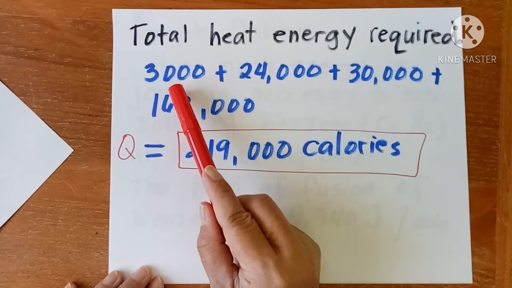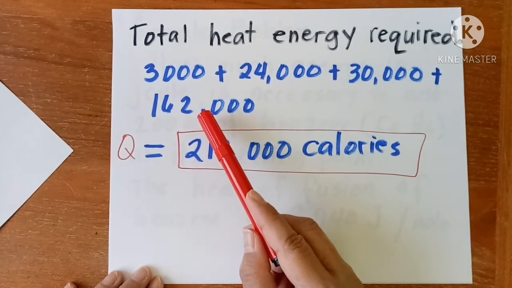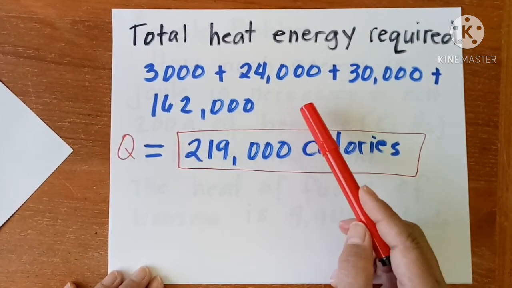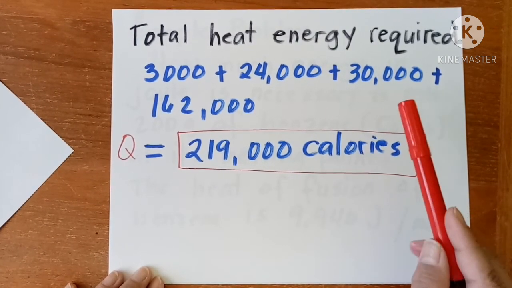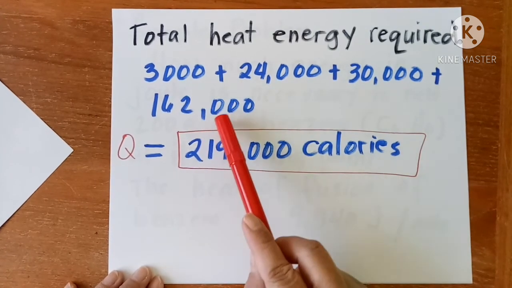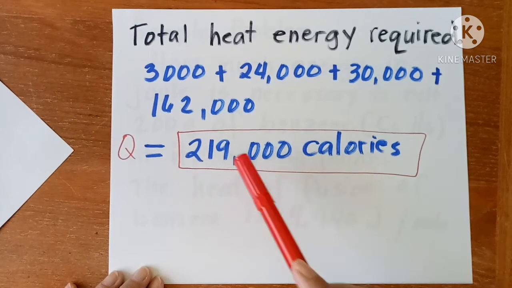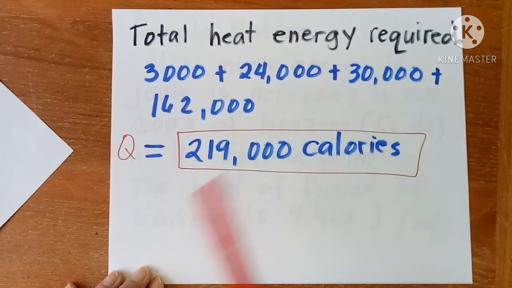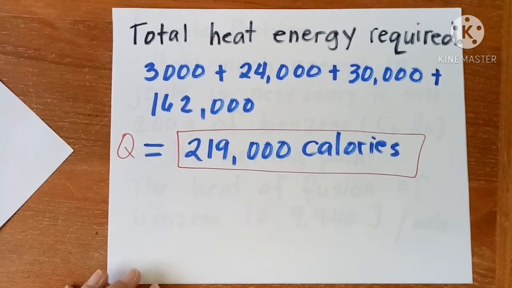So we have 3,000, 24,000, 30,000, and 162,000 calories of heat. So in order to get the total heat energy, you just have to add all of this. So 3,000 plus 24,000 plus 30,000 plus 162,000 calories of heat will be equal to 219,000 calories.